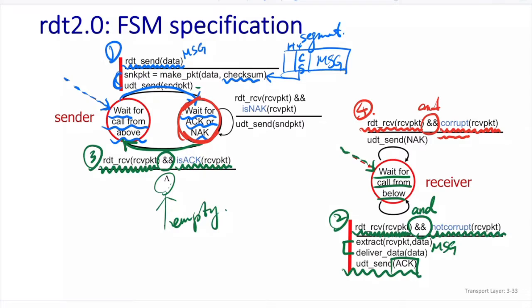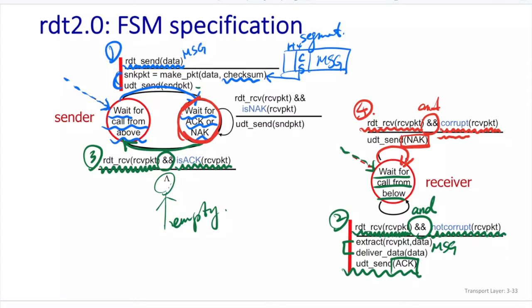The checksum is not exactly the same as the checksum calculated by the sender. So at this moment, the receiver will send a negative acknowledgement, a NAK, back to the sender. Meanwhile, the receiver will stay at the wait for call from below state, because the message is not delivered, the message has something wrong. So the state is not changed at the receiver side. But the receiver sent an explicit message, which is a negative ACK, back to the sender.